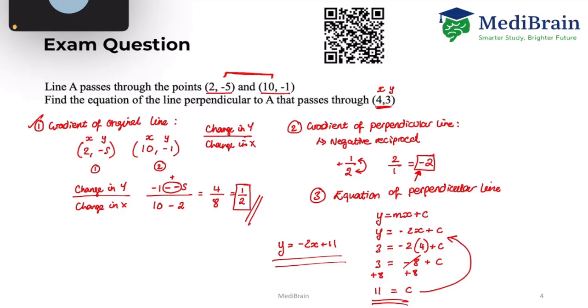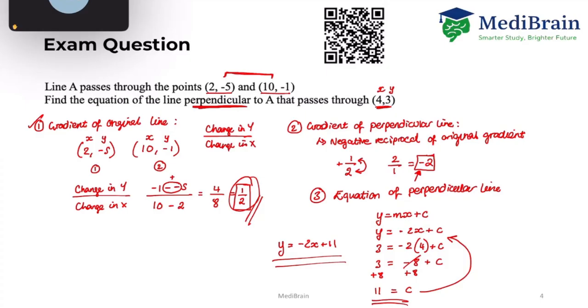Okay, now it says we need to work out the equation of the line which is perpendicular to A. Now, if a line is perpendicular, that means we need to work out the negative reciprocal of the original gradient. And the original gradient was a half. We needed to work out the negative reciprocal of a half.